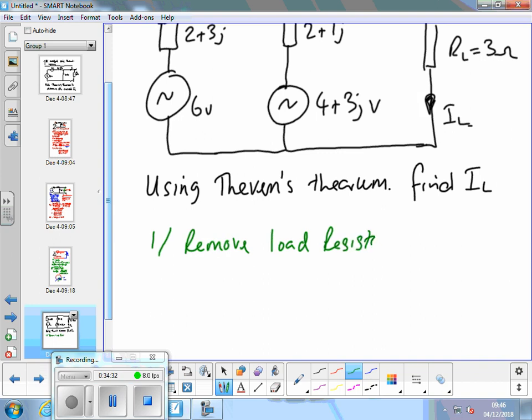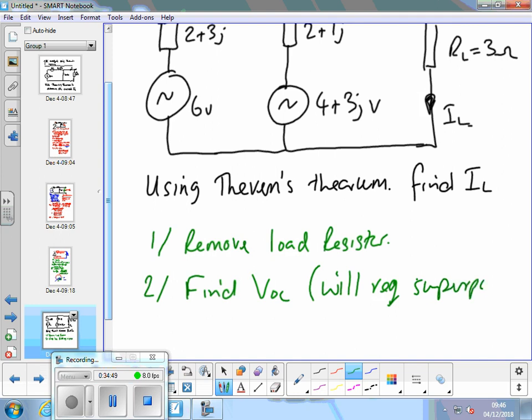Remove the load resistor. That's what we do for Thevenin's. 2. Find the open circuit voltage. That'll require superposition.